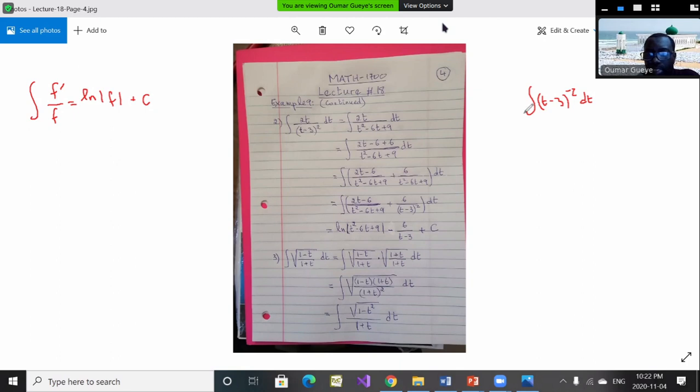So you take the 6 out, and this we know is just equal to, by using the power rule, t minus 3 to the power negative 1, and this becomes minus 1 over t minus 3.